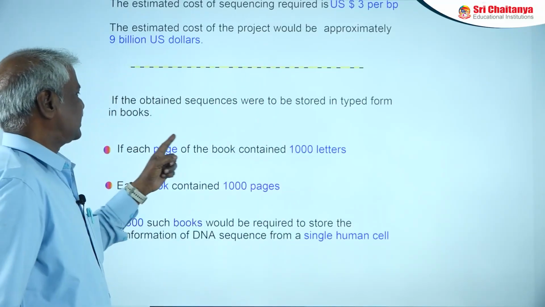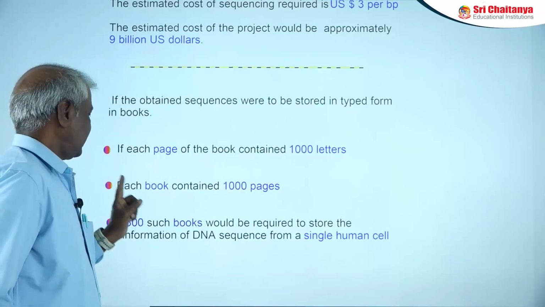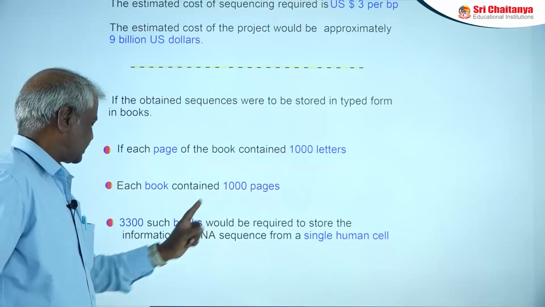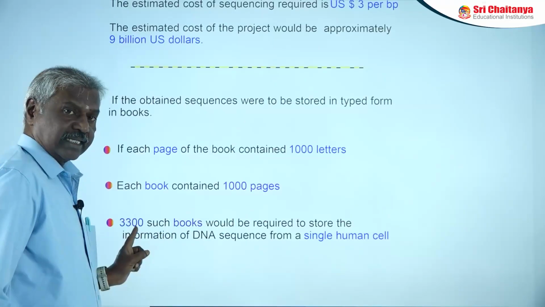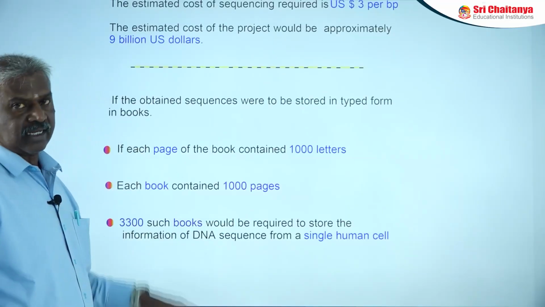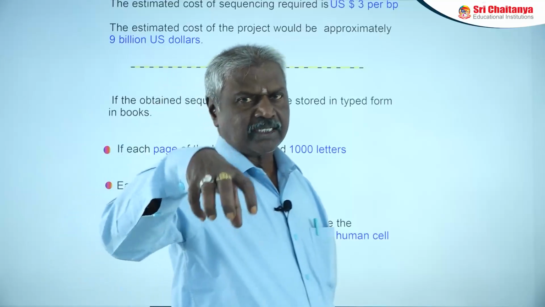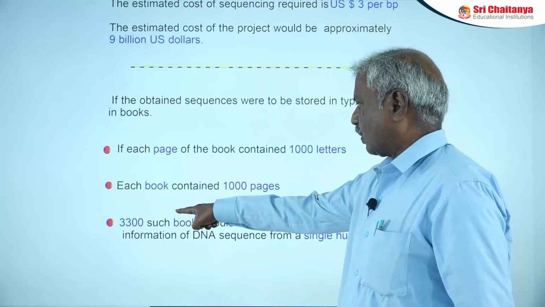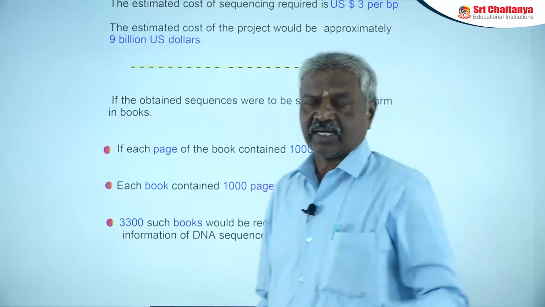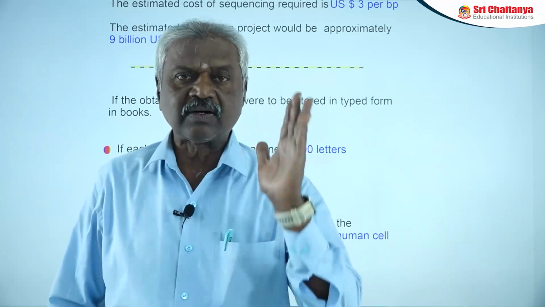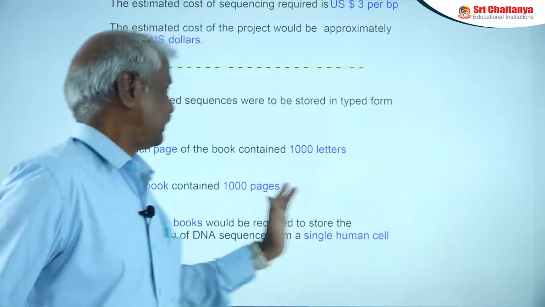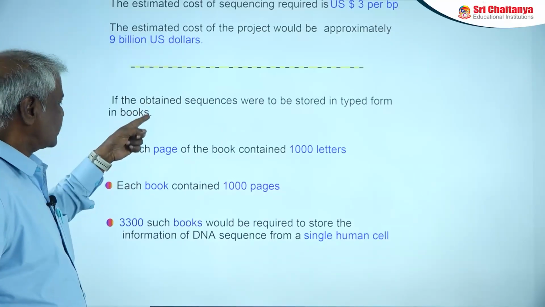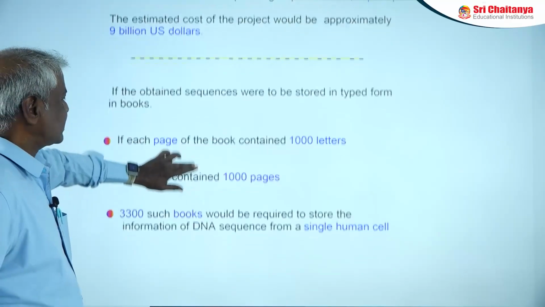If each page of the book contained 1000 letters, and each book contained 1000 pages, 3300 such books are required. Just to print the human genome, a single cell human genome, 3300 books are required. Each book should consist of 1000 pages. Each page should consist of 1000 letters. These are the highlights of this area.